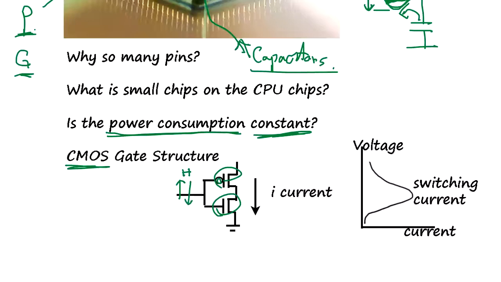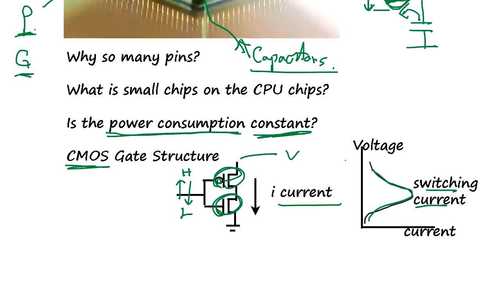When this goes low, then this closes, this opens up. So when you look at the voltage here and the current flow, there is a switching current only at the transition.